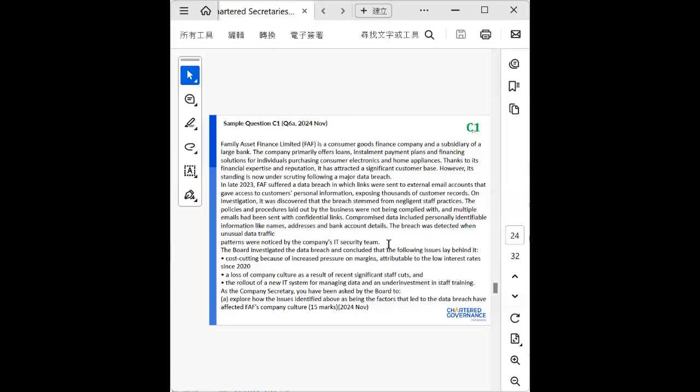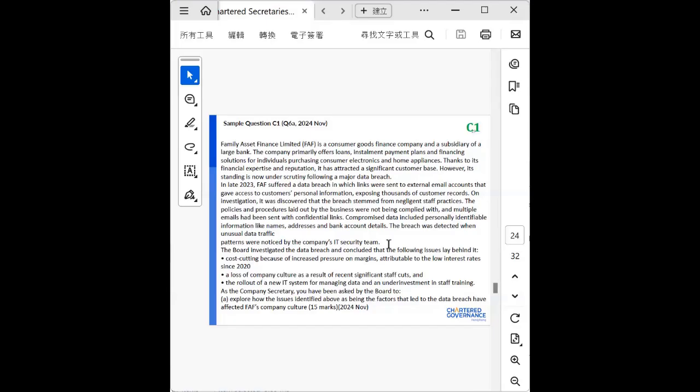So all these will weaken the existing culture of the company. So even in a small case like this, there are quite a lot of things that you can discuss in your answers. You can identify the six cultural web elements even in this short paragraph.